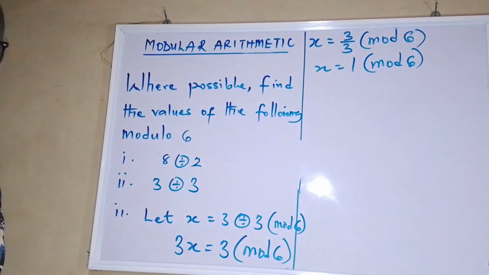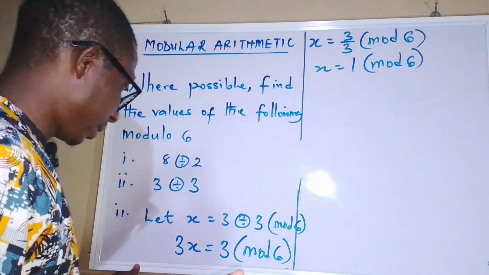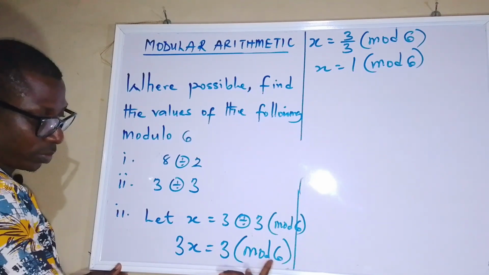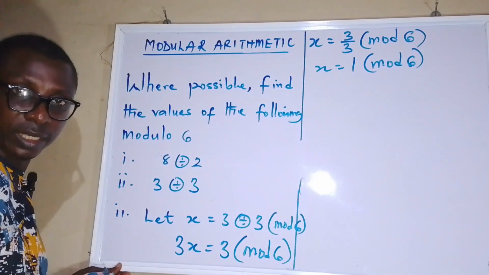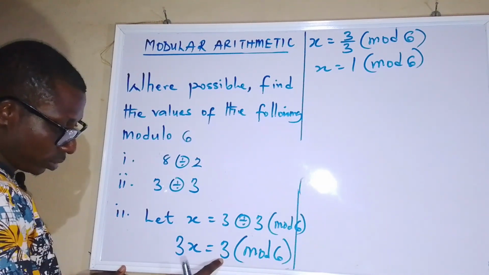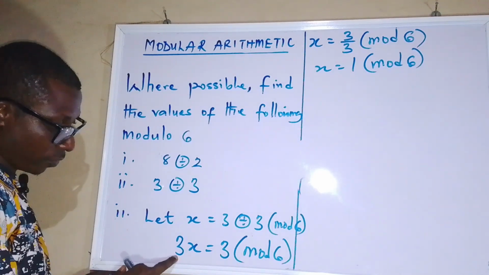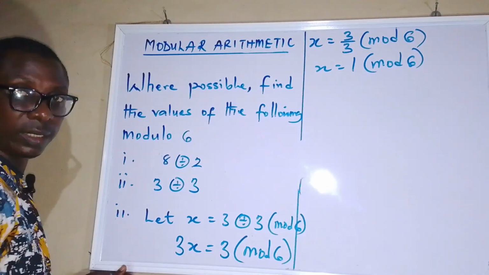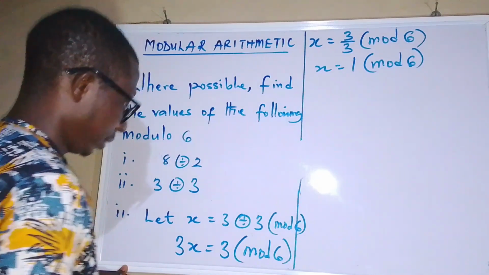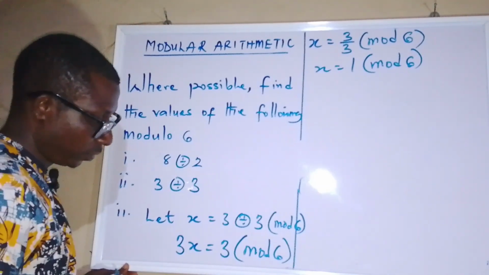We need to check if we still have more answers. Just like I said, you need to add multiples of the modulo to this and check if we have more answers. When you add one 6 to 3, that gives you 9, and it's obvious that 3 will go into 9. And 3 going into 9 gives you 3.